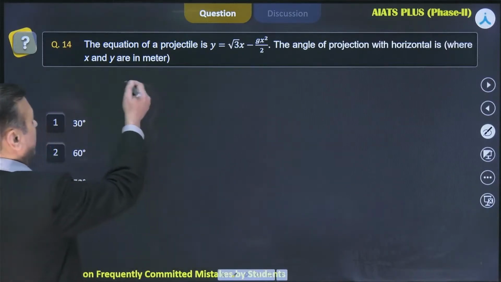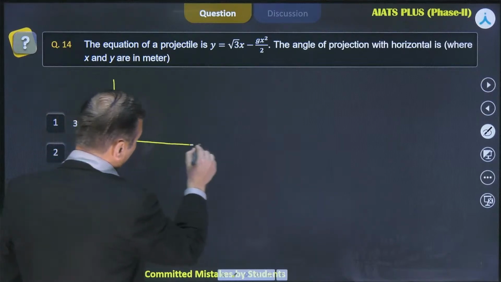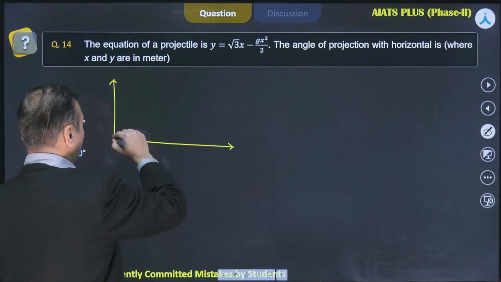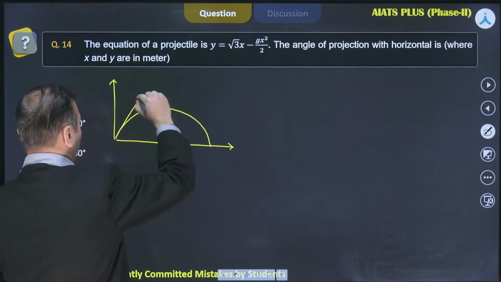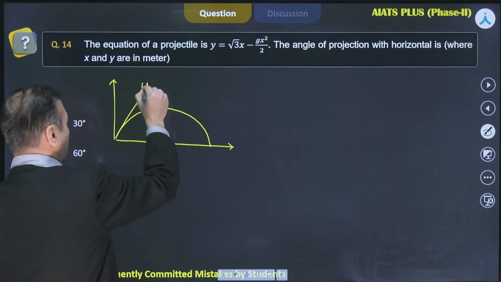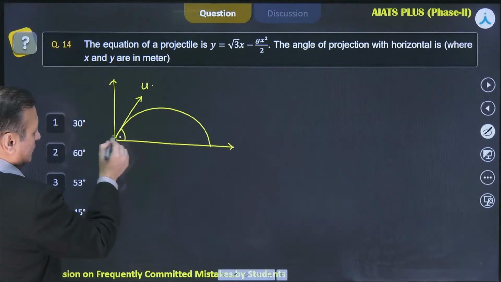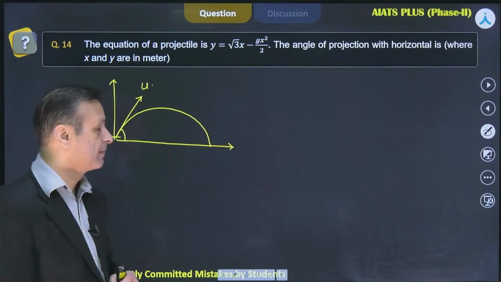So let's understand. So we know, if I define your projectile something like this, and if you project this particle at an angle theta with respect to horizontal with speed u.